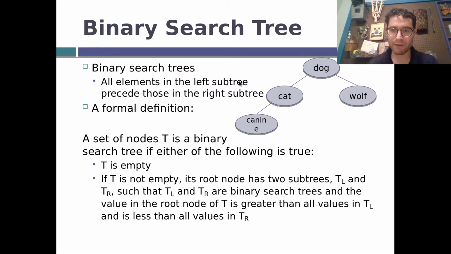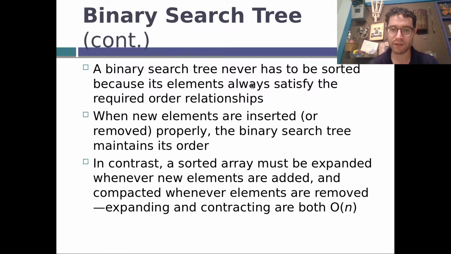Since everything to the left of a root is less than the root, and everything to the right of the root is greater than the root, and that continues down recursively, the tree is always kept sorted for us, which means that we never actually have to go through and sort it. Whenever we add something or remove something from the tree, it always maintains its order.